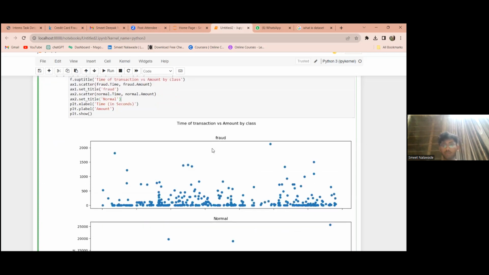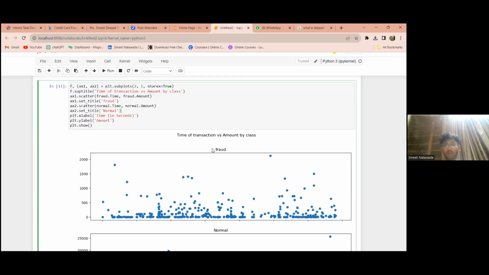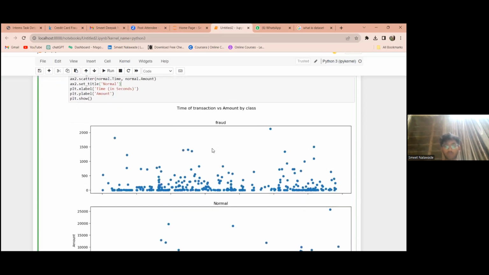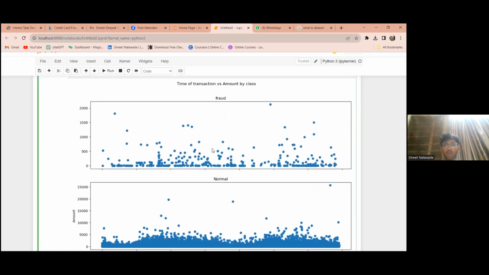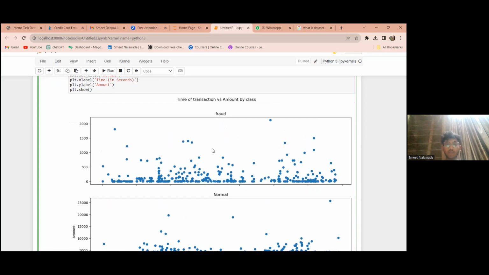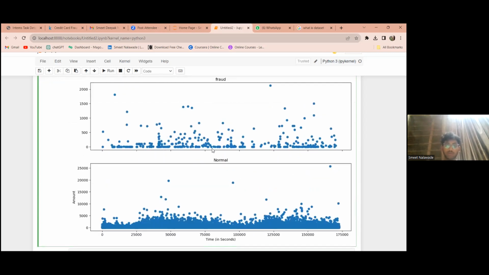Furthermore, here we have compared the time of transaction versus the amount of class. It is a scatter plot in which we can see the time of transaction versus the class.